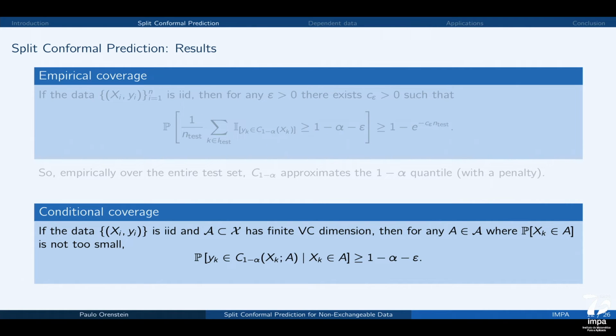And again, yes, if your data is IID and there's a set calligraphic A which has finite VC dimension, whatever that is, then for any A in this set where the probability that xk in A is not too small, again, I'm being, of course, vague here, then it still holds that the probability that yk is in this set conditioned on xk being in A is bigger than 1 minus alpha minus epsilon. So what this is telling us is this technique of split conformal prediction can guarantee coverage even if I'm conditioning on some events.